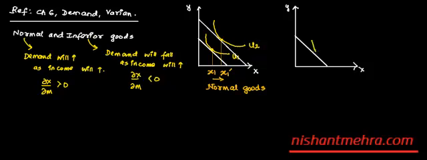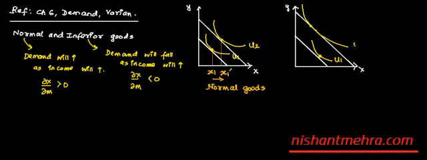So supposedly if this is the initial utility and as income has increased, the budget line has shifted outwards in a parallel manner, and I'd rather put it here, somewhere here.